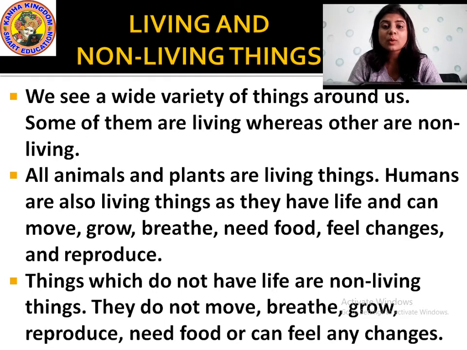If you are asked what are the characteristics of living things, you will say that living things have got life, so they can move, they can grow, they can breathe, they need food to eat so that they stay alive, they can feel the changes that are occurring around them, and they can also reproduce. All living things reproduce. Reproduce means to give birth to their own kind.